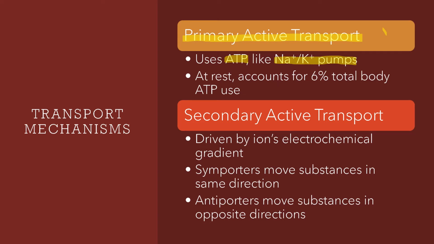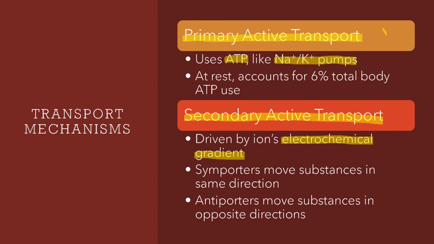In secondary active transport, the energy stored in an ion's electrochemical gradient, rather than the hydrolysis of ATP, is going to drive another substance across a membrane.